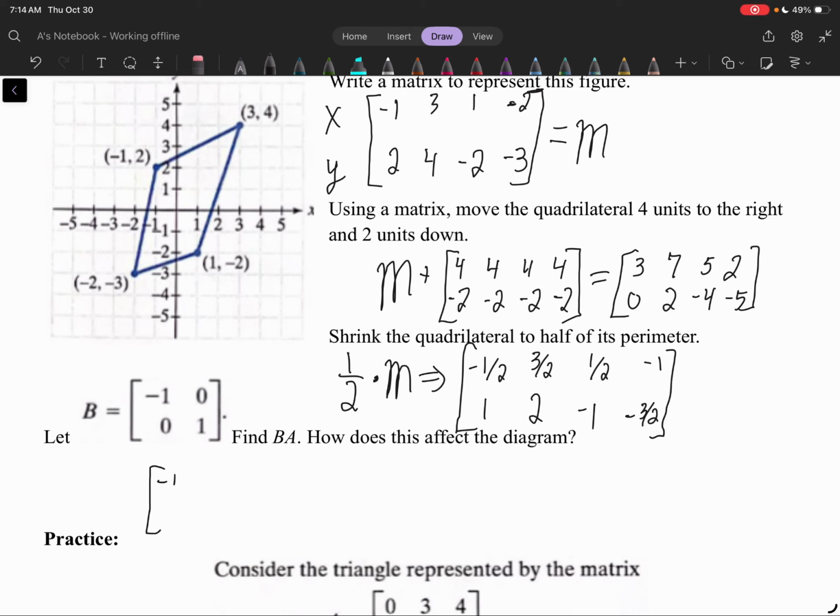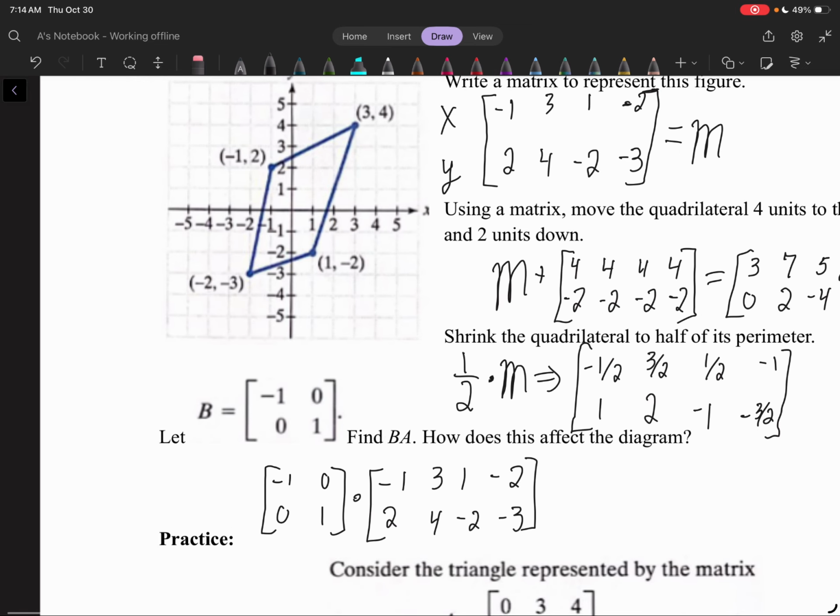So I'm taking negative 1, 0, 0, 1, and I'm multiplying it with negative 1, 3, 1, negative 2, 2, 4, negative 2, negative 3. Now I'm not going to work all of this out because you should be able to do matrix multiplication at this point.